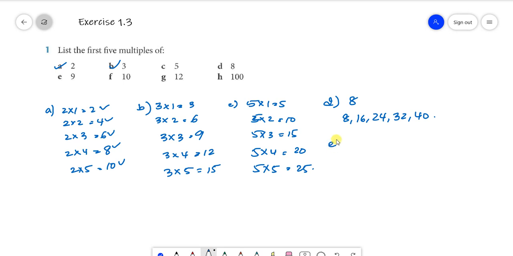We have E, that is 9. We have 9 1s are 9, 9 2s are 18, 9 3s are 27, 9 4s are 36, 9 5s are 45. Okay, and then we have F.